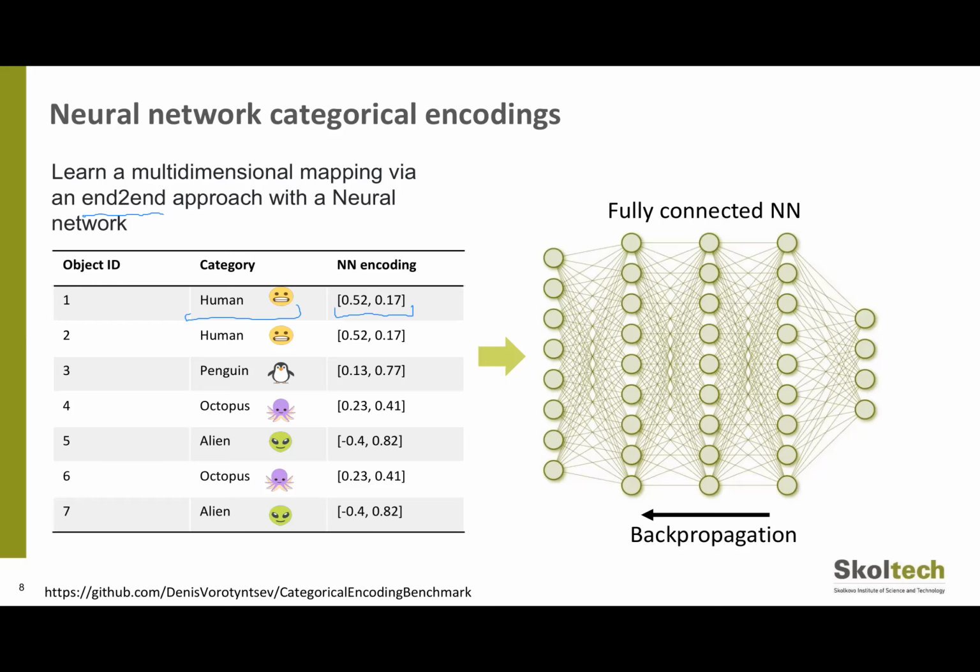We can construct fully connected neural networks that take the categorical variable together with other common continuous features, then we run backpropagation and try to optimize the encoding vector for each category. This is called an embedding layer, I suppose, in PyTorch. And it can be used to make the whole thing better. So we use direct optimization of the encoding for each categorical feature.